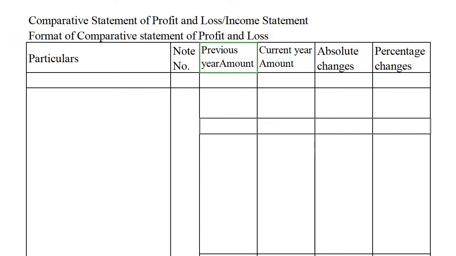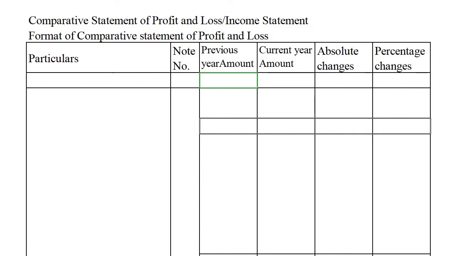So we have said that two years' amounts will be compared. So previous year and current year. The previous year amount will be shown in the first column, and next the current year amount, then the absolute change, that is, the change between the previous year and current year, and its percentage change.